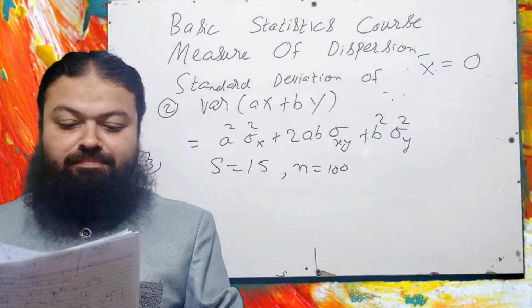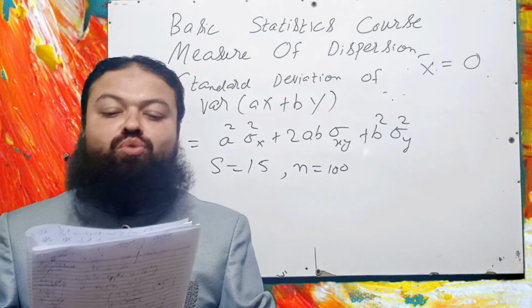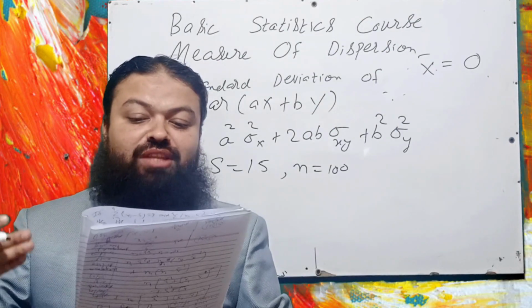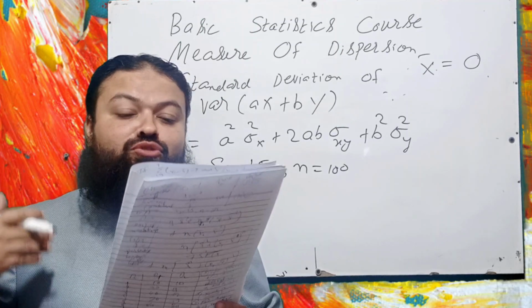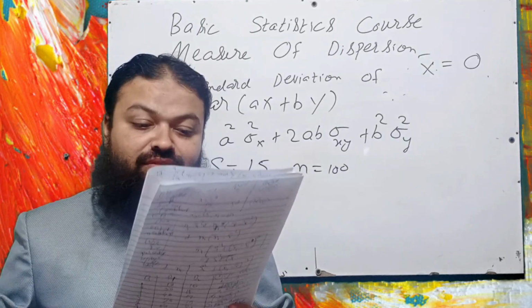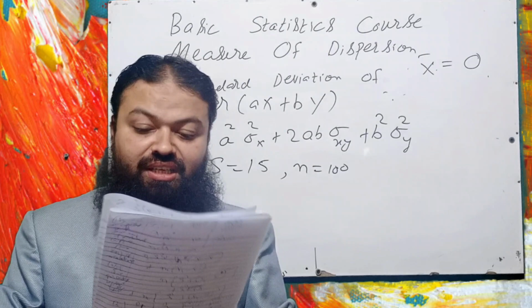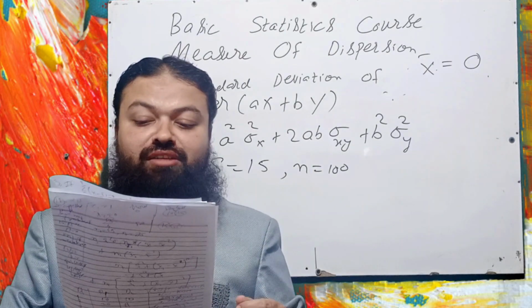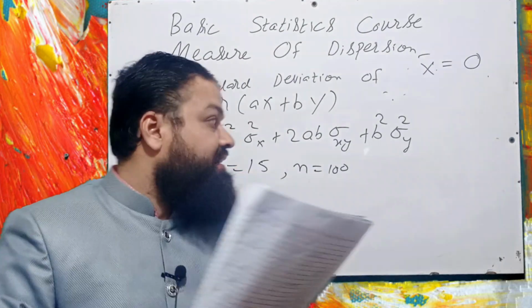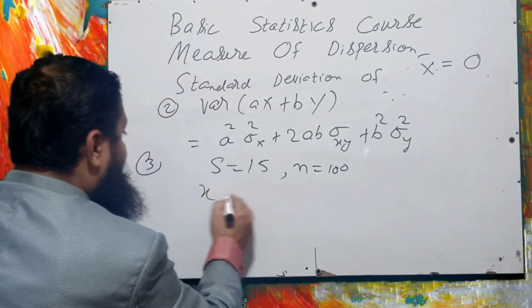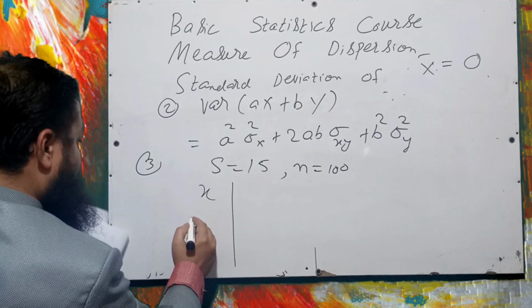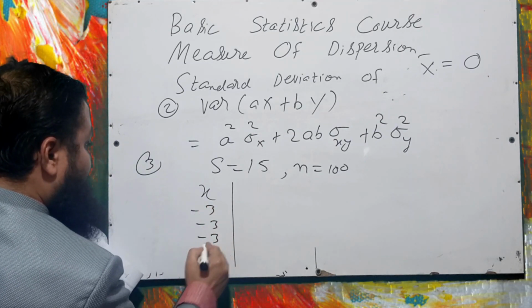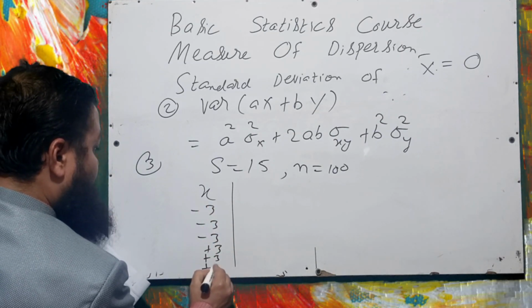Question number 4. In a series of 2n observations, half of them are equal to p and the remaining half are equal to minus p. If the standard deviation of the observations is 3, then the magnitude of p is equal to, you will have to select. For example, we have some values of x: -3, -3, -3, +3, +3, +3.